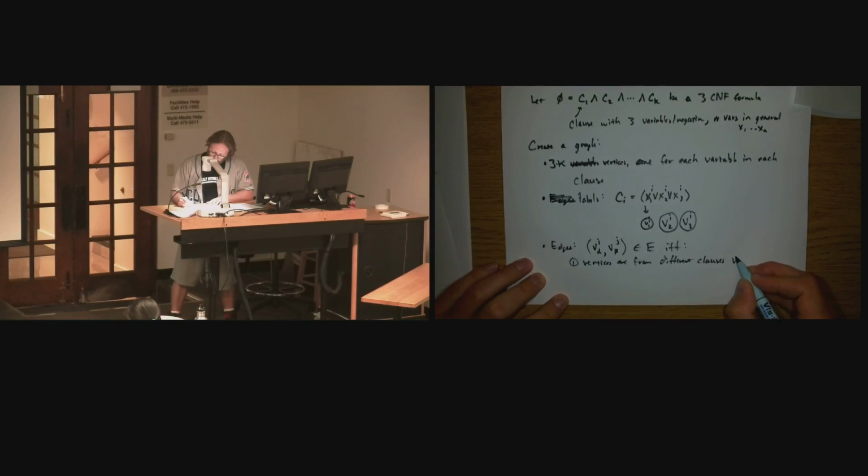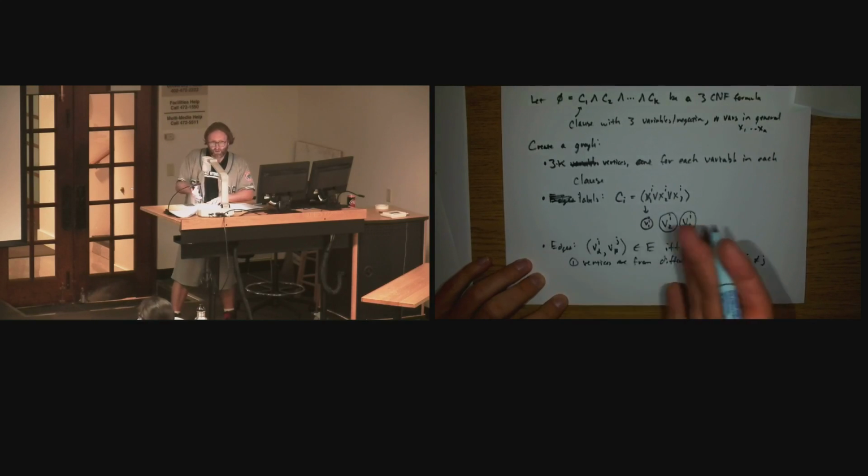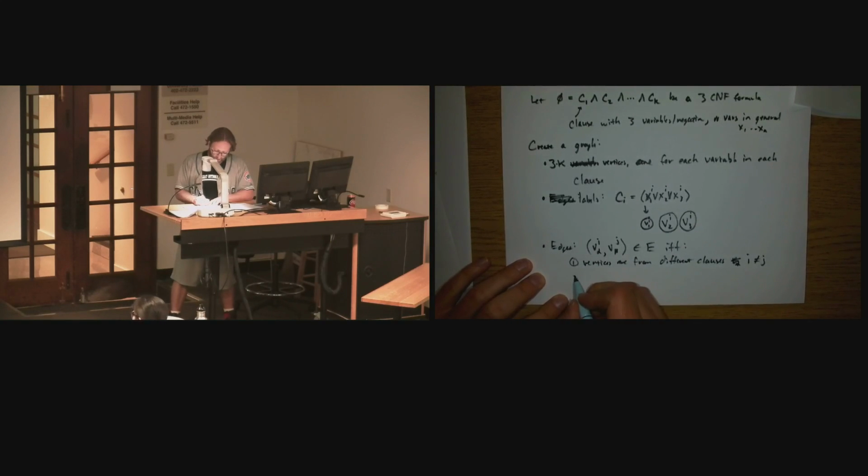That is, i is not equal to j. They're not from the same clause, because for the ith clause, I put a superscript above them all to label them all as being in the same clause.